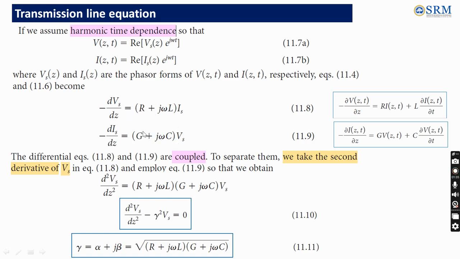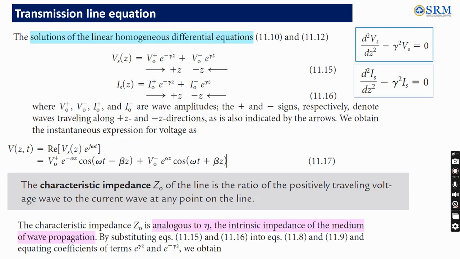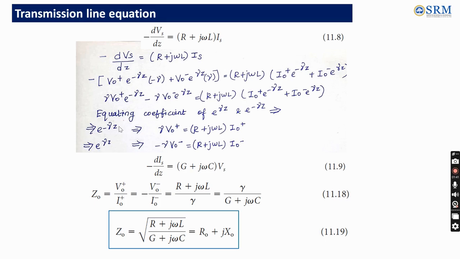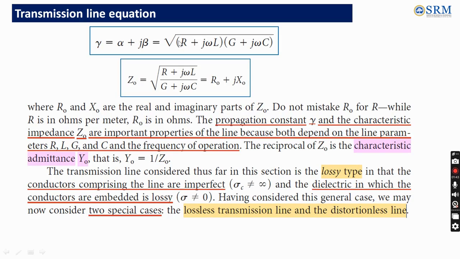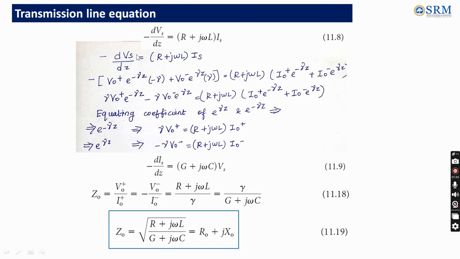We are going to apply them here by taking the derivative, and we are going to equate the coefficients of e^γz and e^−γz. So let us take first the voltage equation, and we know the solution for Vs. It is V0+ e^−γz plus V0− e^+γz.